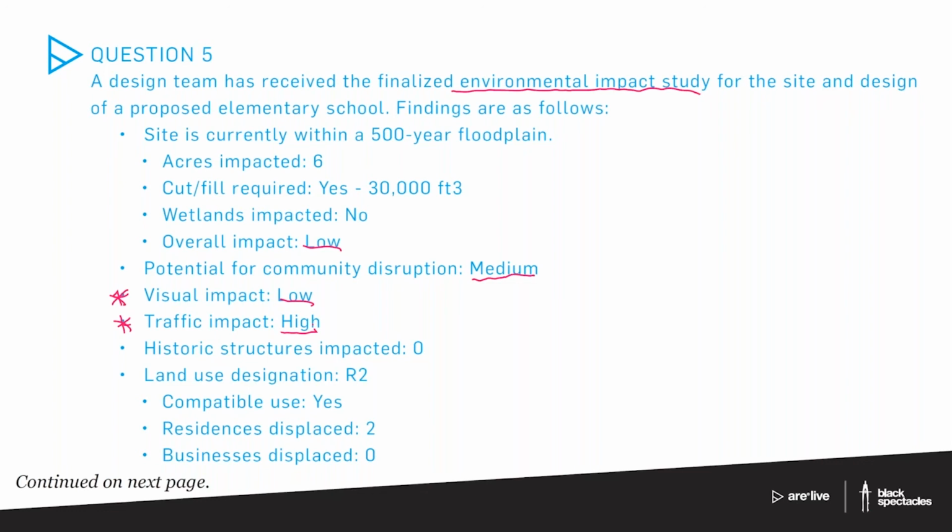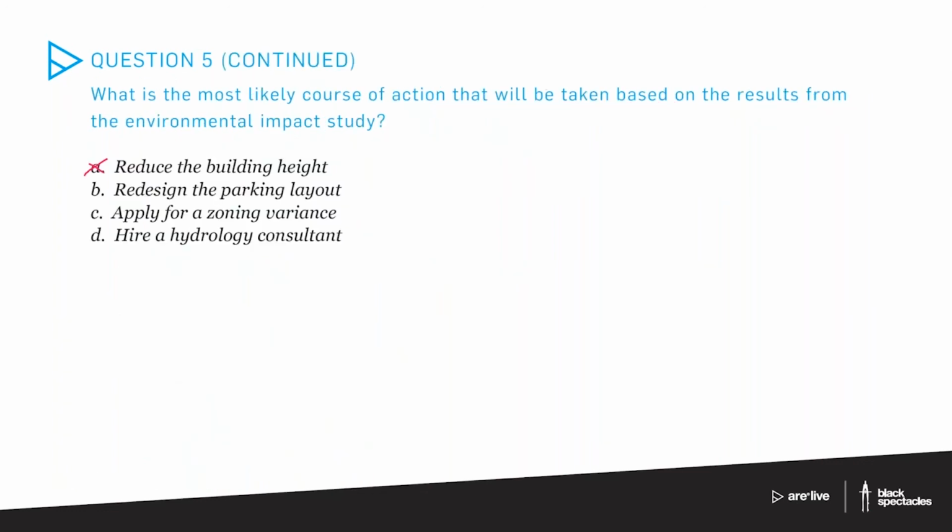Choice C, which is applying for a variance. So you need to know what a variance is. Variances are used when a proposed project doesn't comply with the zoning requirements as they're written, and you typically have to display a hardship in complying with those zoning requirements in order to have the municipality consider making an exception for your project to move forward.